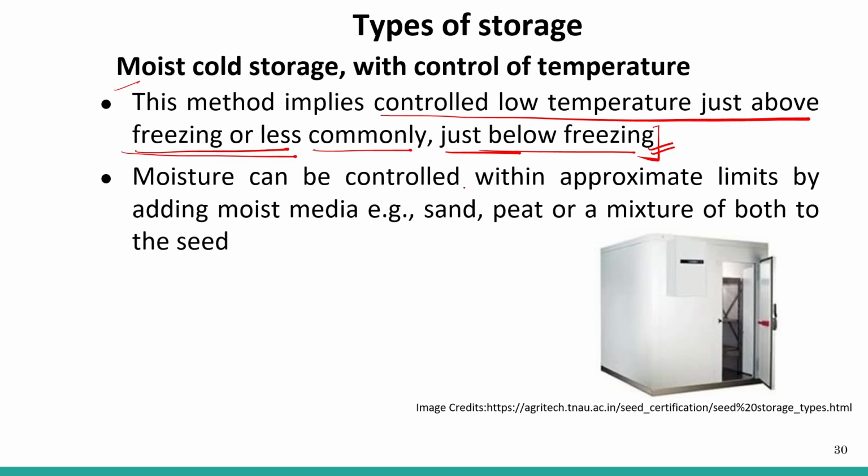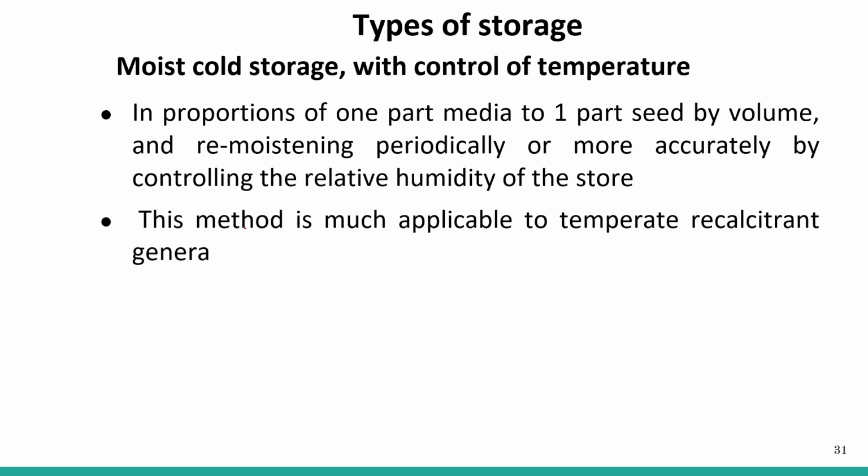The moisture can be controlled within approximate limits by adding moist media, that is sand, peat, or a mixture of both, to the seeds, in a proportion of 1 part media and 1 part seed by volume, and re-moistening periodically, or more accurately by controlling the relative humidity of the store.